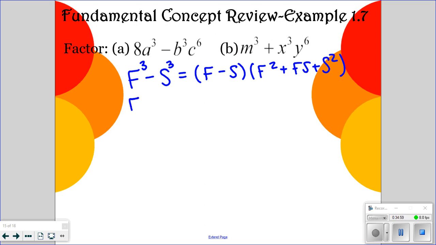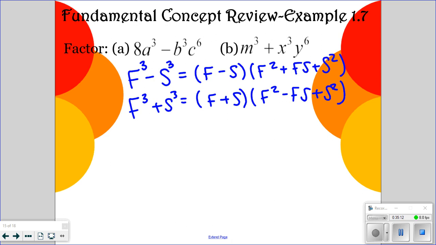And then if you have f cubed plus s cubed, it factors as f plus s, and then f squared minus fs plus s squared. And so if you took me last year, I showed you a video, it had soap in it.